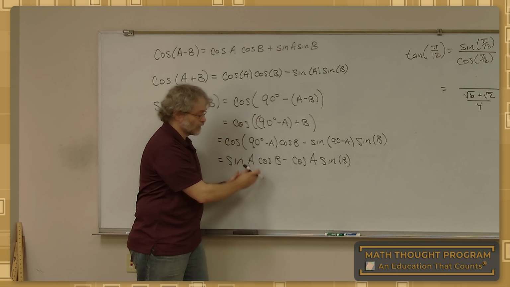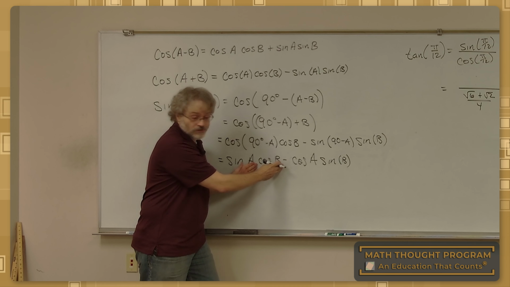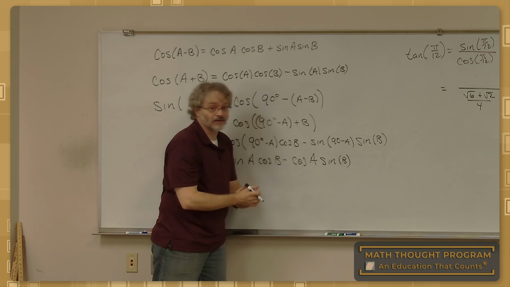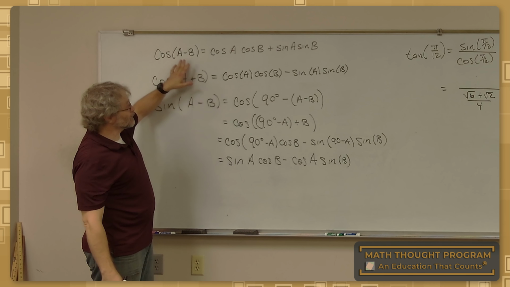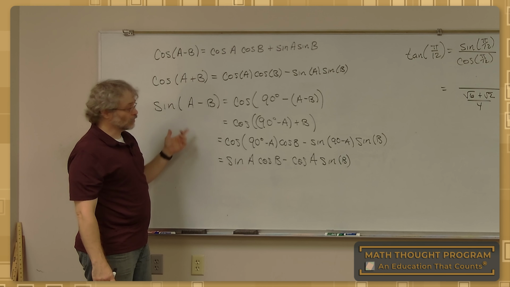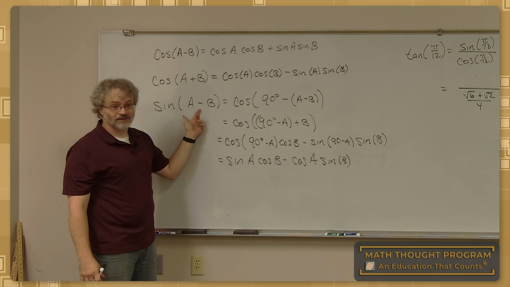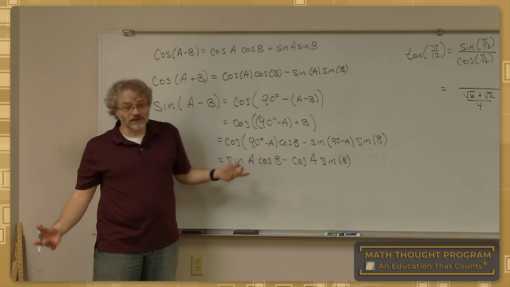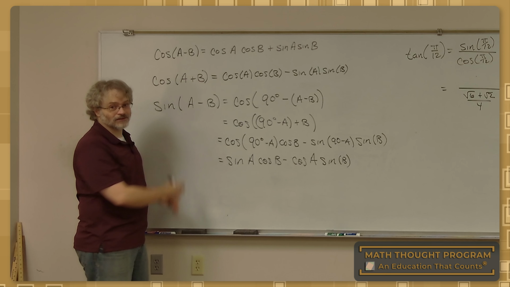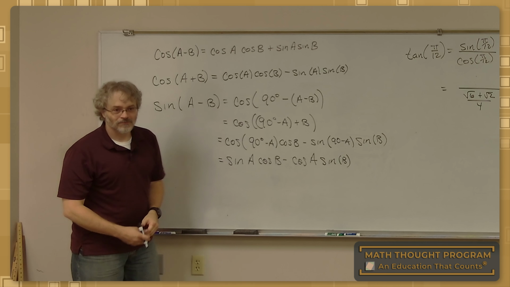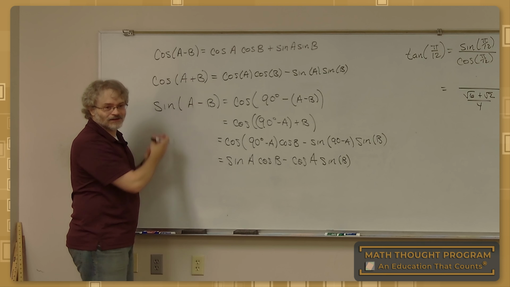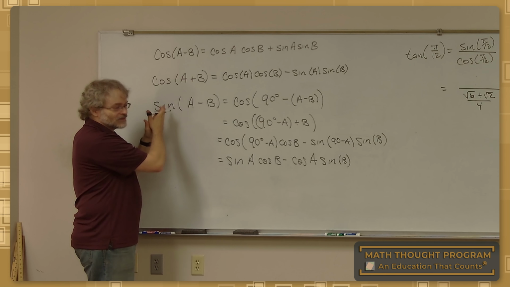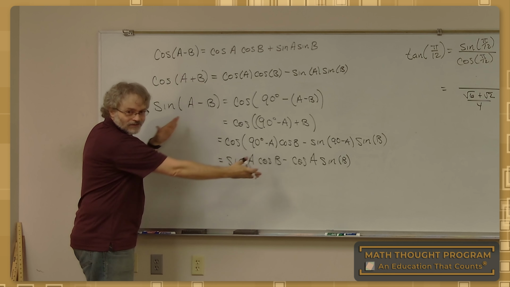Cosine of A. Cosine of B, switch to trig function. Sine of B. Now, unlike up here where it's minus and plus, what happens when it's minus? It stays minus. It would be a sin to make it positive. Don't you see the sign? So don't sin because you want to keep that sign.